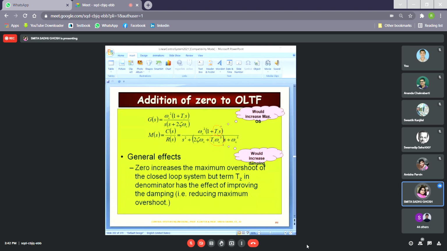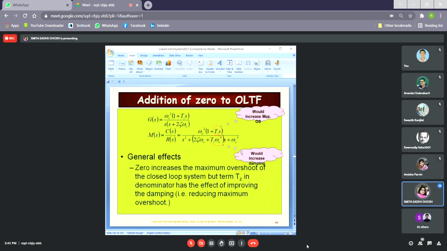So in this case, that is, addition of a 0 to the open loop transfer function, there are two contradicting effects that we are observing. One is the increase in the damping, which would decrease the maximum overshoot. The other is the addition of a 0, which would increase the maximum overshoot. So in this particular case, the plot would have to be done based on the values.